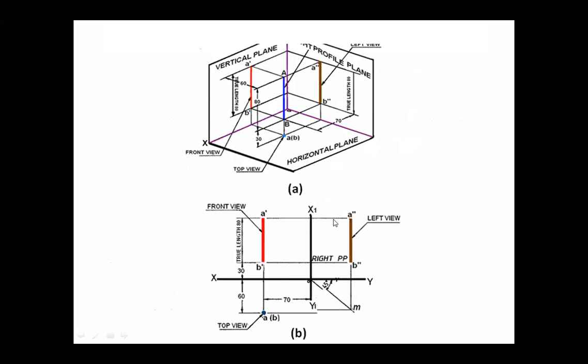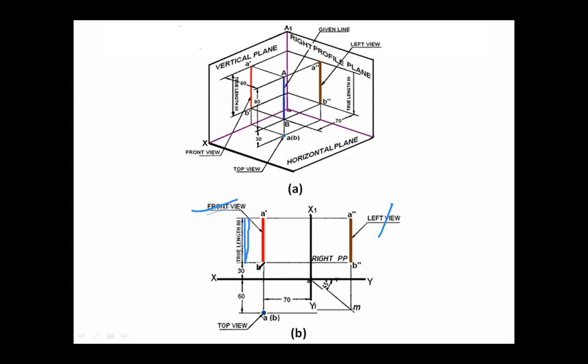So this is the solution. Understood? Here front view and left view will be of same length, and that will be showing the true length.